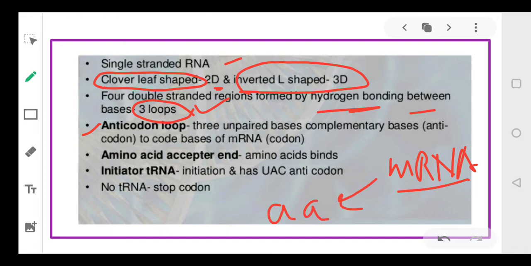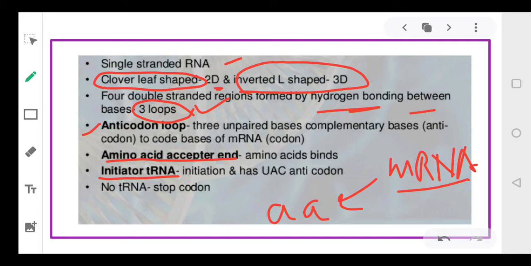This information will be read by the anticodon loop which is present on tRNA. Second is the amino acid acceptor end, the end where the amino acid will bind. And third is the initiator tRNA. This will start the process, and it has the UAC anticodon.